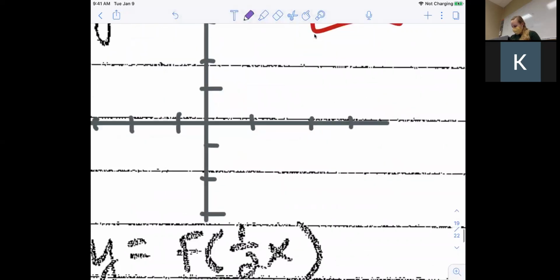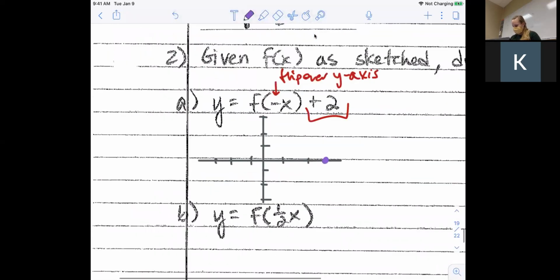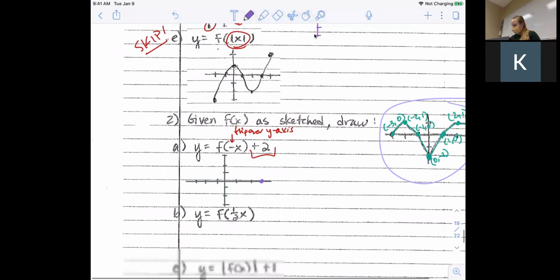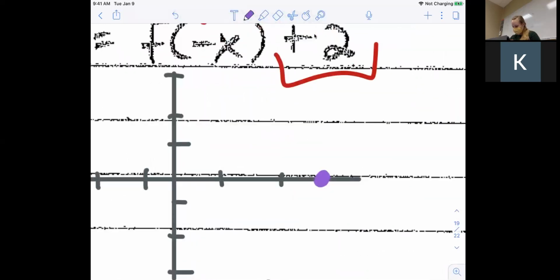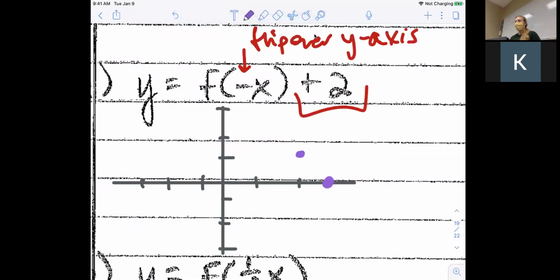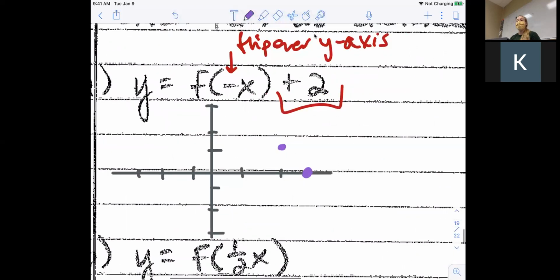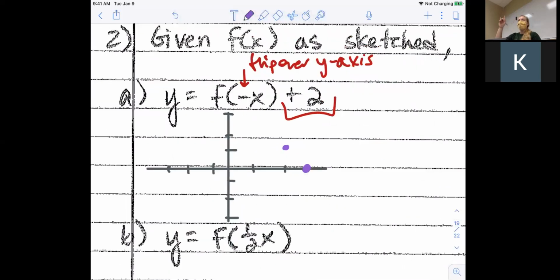So I now have positive 3, 0. And then negative 2, 1 becomes positive 2, 1. You can move it and then move all the points up 1. I can't keep all that in my head, so I'm going to do 2 graphs.